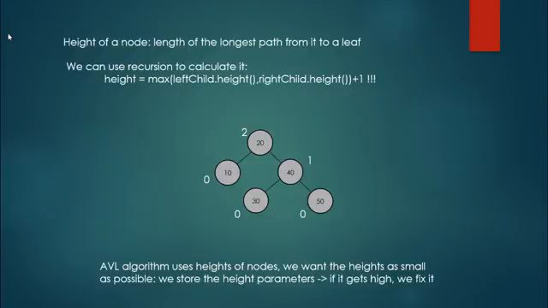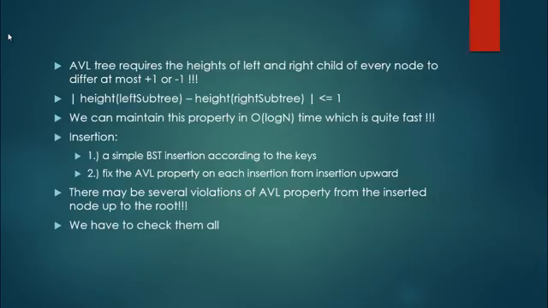So we store the height parameter, and if it gets high, we fix it with rotations. The AVL tree requires the heights of the left and right child of every node to differ by at most +1 or -1. We can write it as a mathematical equation: the absolute value of the height of the left subtree minus the height of the right subtree is less than or equal to 1, which means that our binary search tree is balanced.